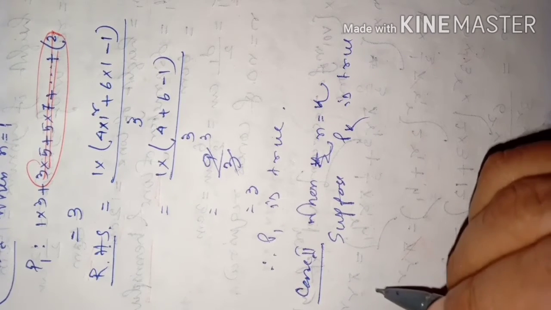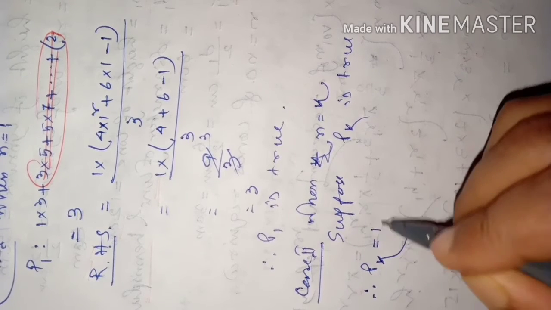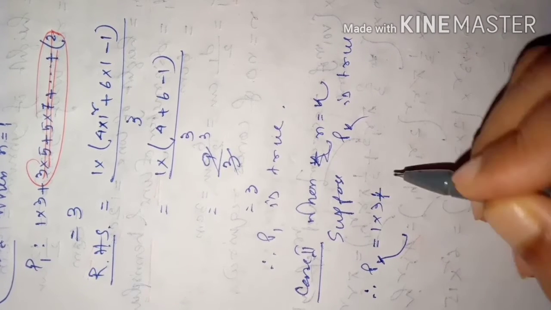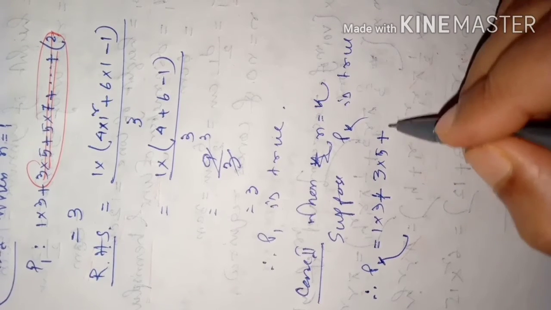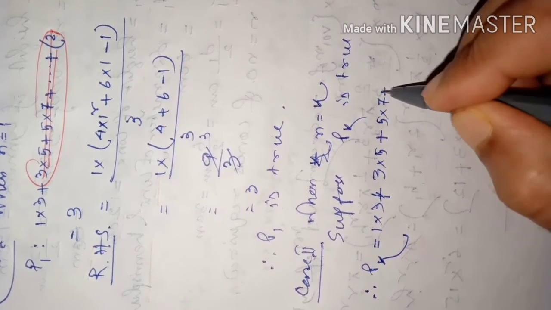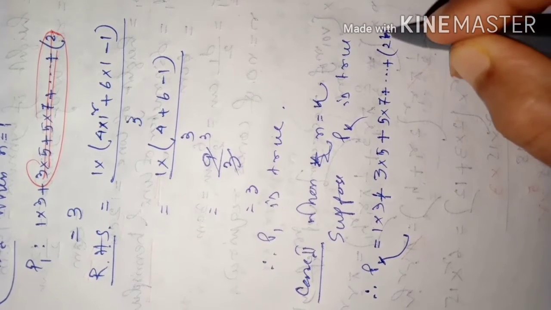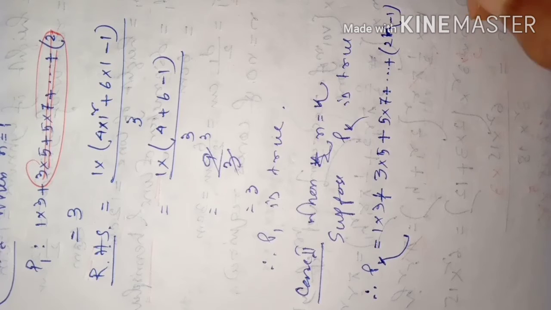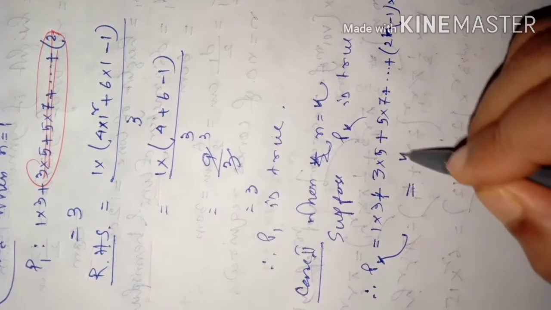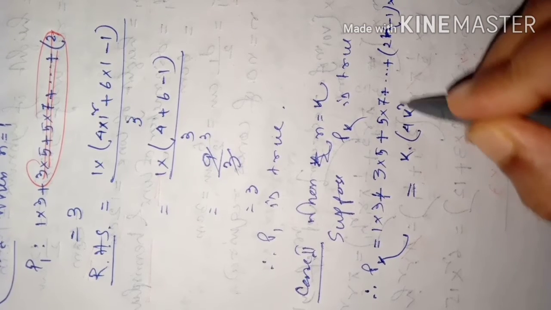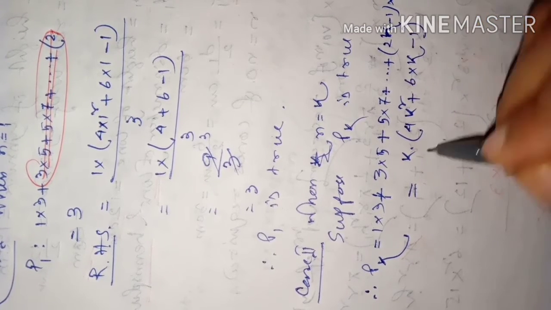So then Pk is equal to 1 into 3 plus 3 into 5 plus 5 into 7 plus dot dot dot plus (2k minus 1) into (2k plus 1) is equal to k into (4k square plus 6 into k minus 1) divided by 3.